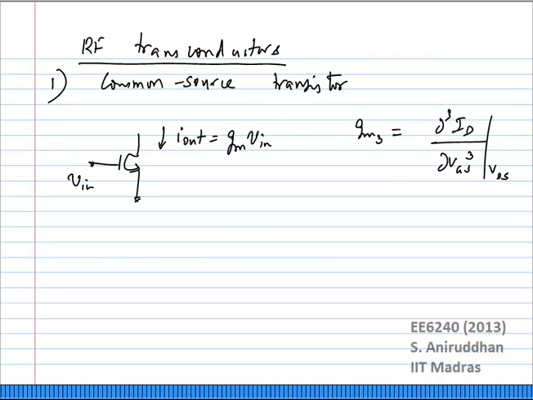So what is the GM3 for a common source MOSFET? What is the GM3 for an ideal square law MOSFET? It is 0 because it has only a quadratic behavior. The current to voltage is purely quadratic. You will not have a GM3 term at all. Agreed?